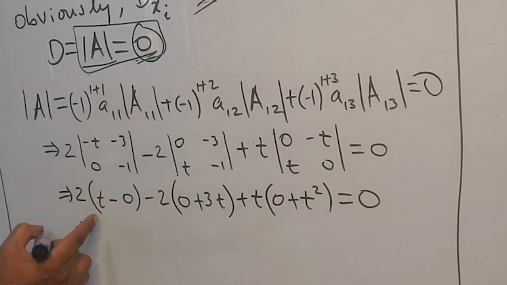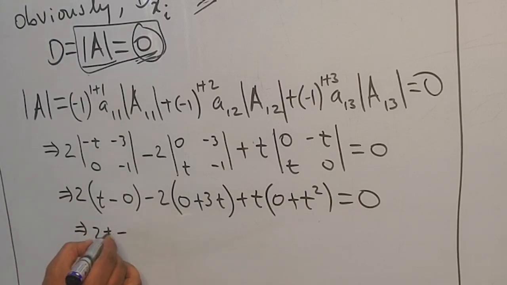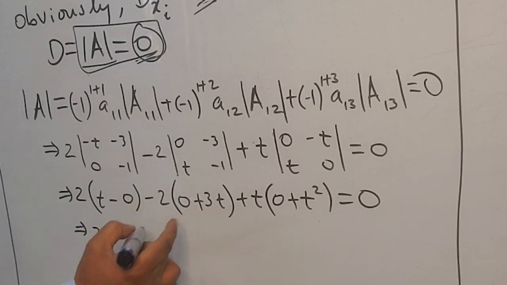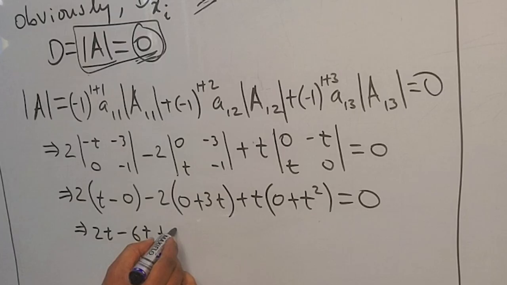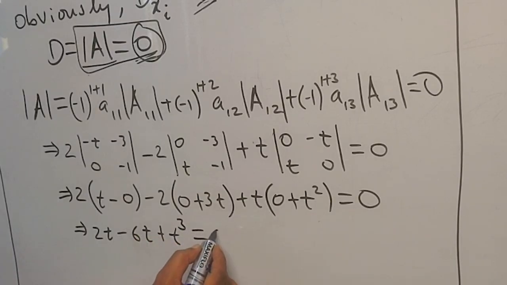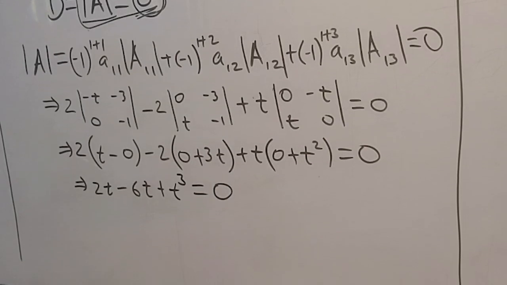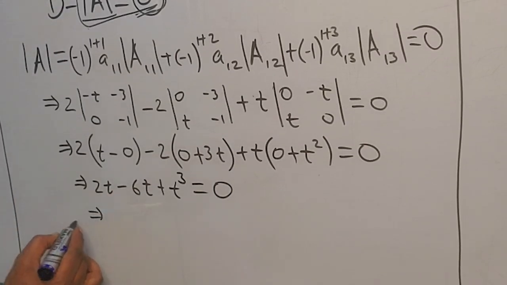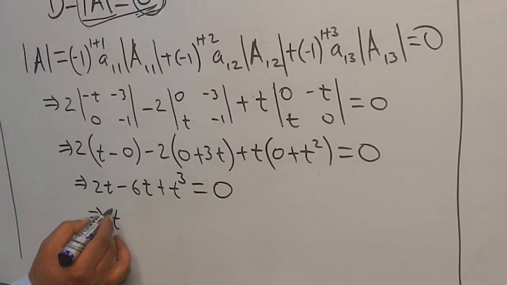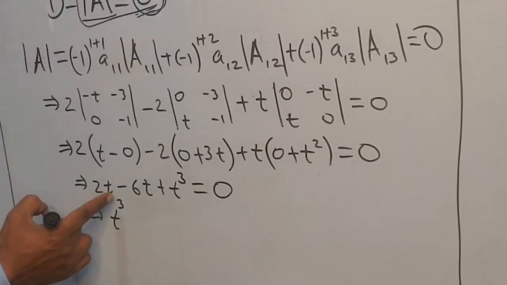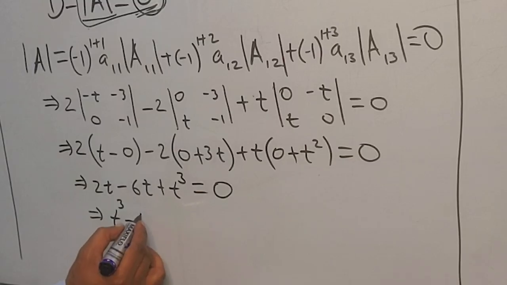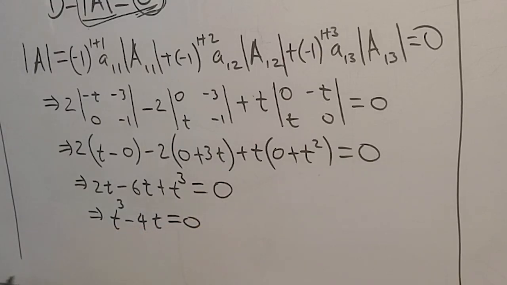Now 2 times t, 2t, minus 2 times 3t, minus 6t, plus t times t squared, t cubed, is equal to 0. Now we have a polynomial equation of degree 3. Let's simplify. This implies t cubed plus 2t minus 6t, minus 4t, is equal to 0. This can be factorized.